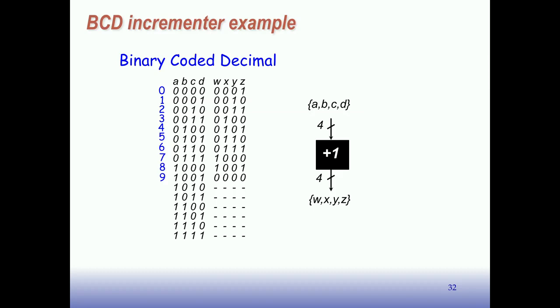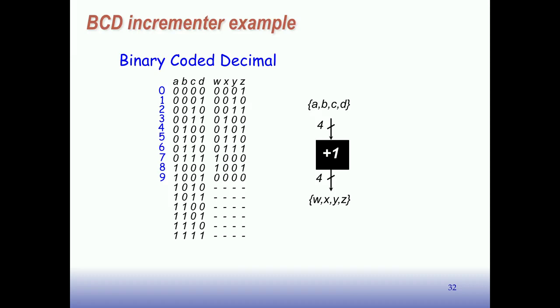This should be 9, 8, 7, 6, 5, 4. I will fix this for next time. What I want to point out here, though, is that in this mapping, since there's only 10 decimal digits, we only need 10 out of the 16 possible inputs.